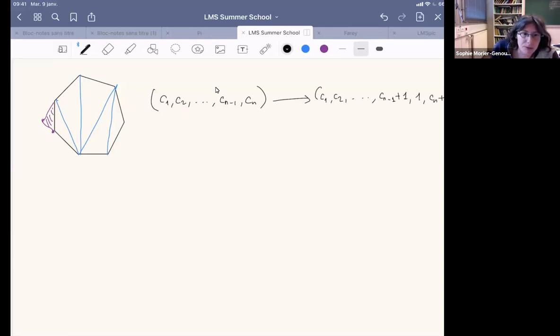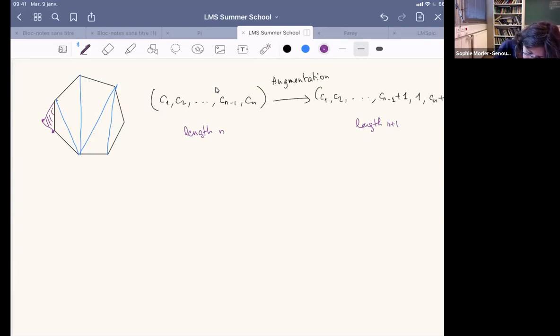And I will call this augmentation, because if I had the length n here in the sequence, now I have length n plus 1. So if I had a triangulated n gon, I now have a triangulated n plus 1 gon.